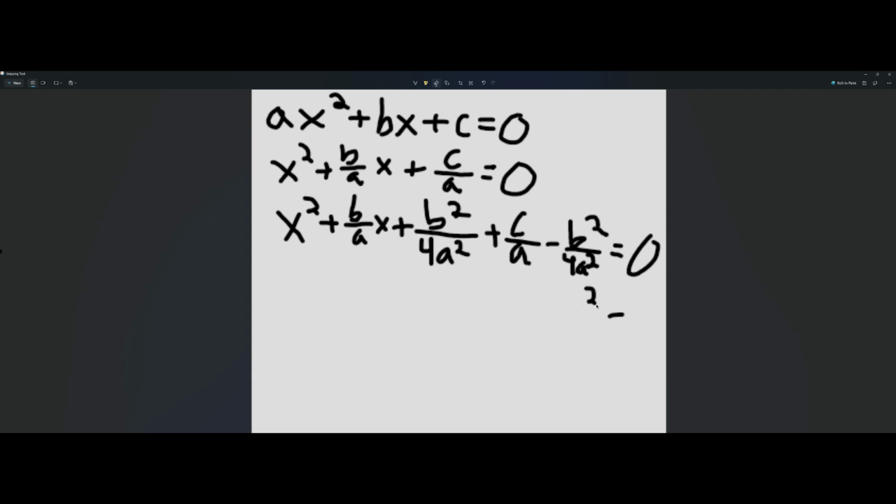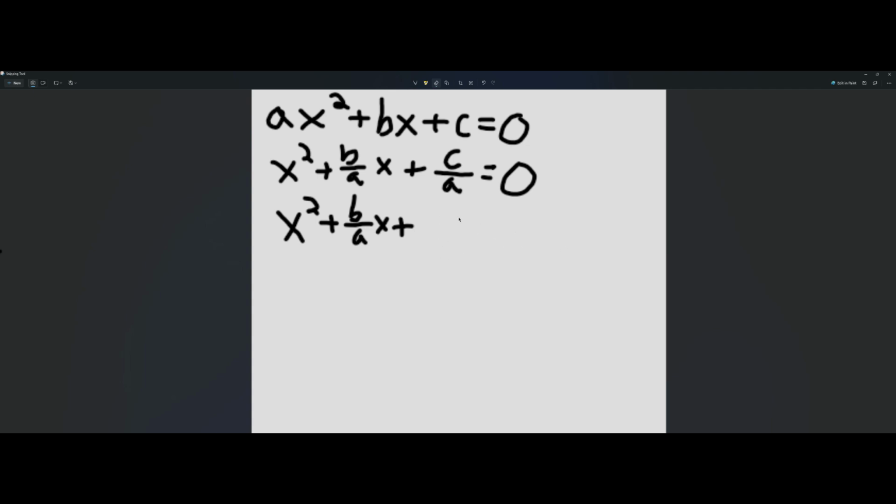Let's get rid of all of this so we have more space. Okay.